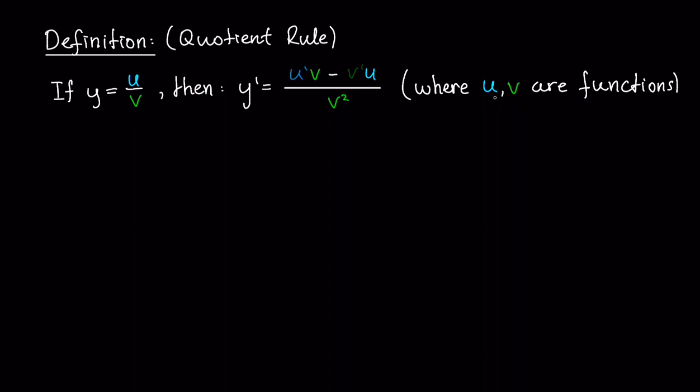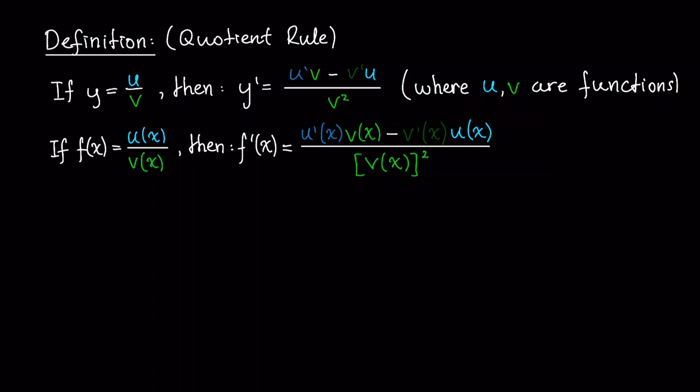In this case, again, u and v are just functions. An alternative notation would be the following. Once again, to compute this derivative of a complex fractional function, all we need are four things: u, v, v prime, and u prime. And just like before, two of these things are always already given in the question.